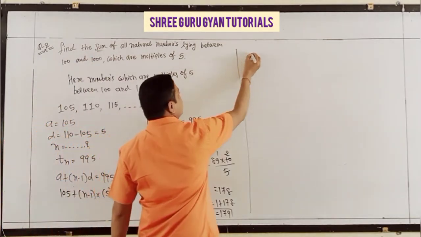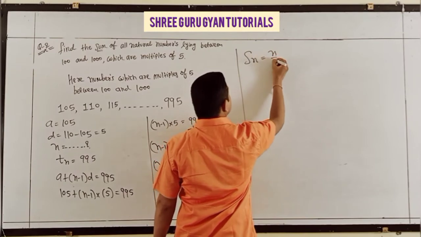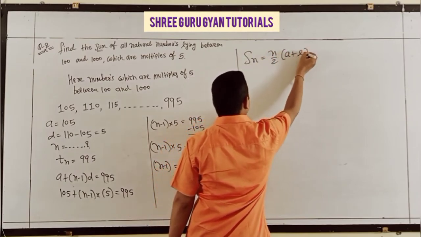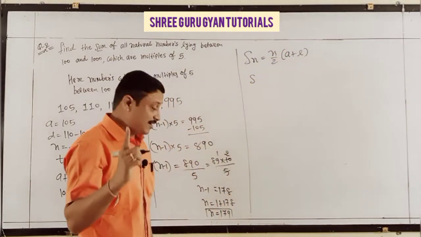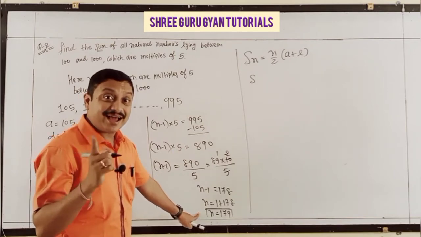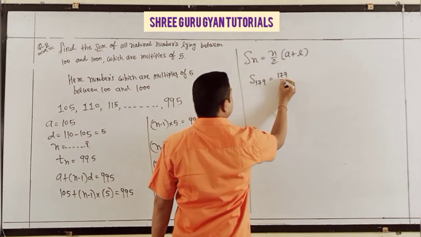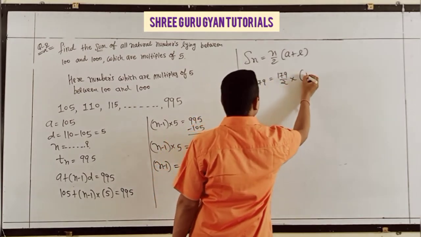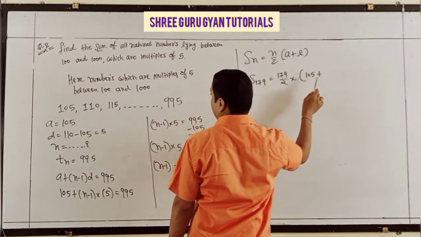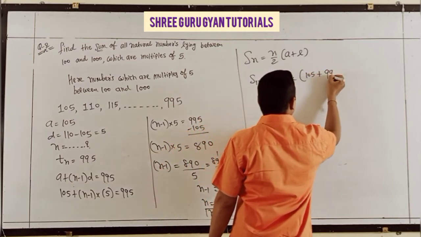So what's the Sn? n by 2 into a plus l. But how much is n? 179. Write down 179 by 2. a becomes 105 plus l becomes 995.